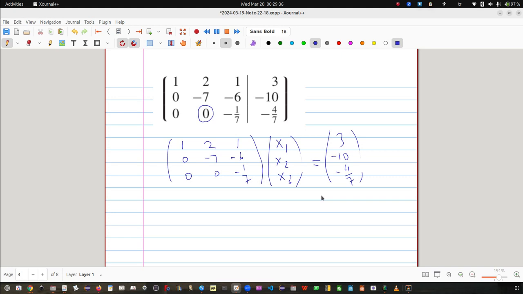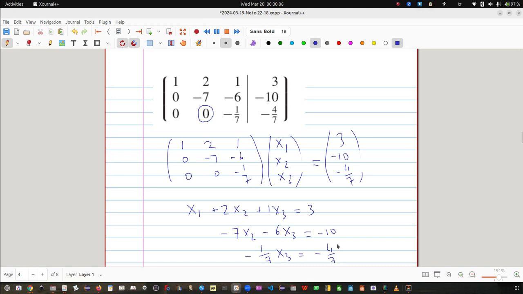So from here, if it was the equation, it was supposed to be x1 times 1 plus 2 times x2 plus 1 is x3 is equal to 3, minus 7x2 minus 6x3 is equal to minus 10, minus 1 over 7 x3 is equal to minus 4 over 7.